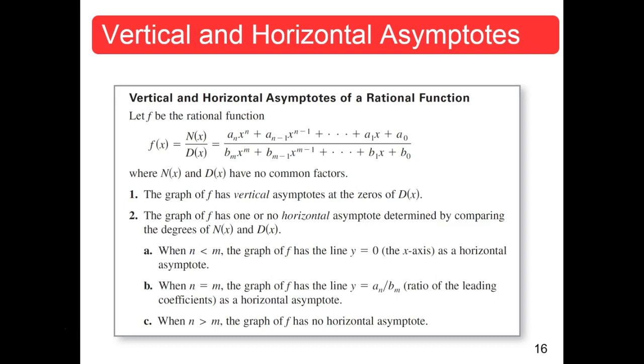Give me a value for n. Make up a value. 1. Okay. How about a little bit bigger? 3. Okay. If the numerator was degree 3, so your numerator has degree 3.